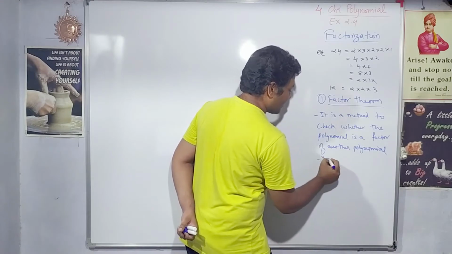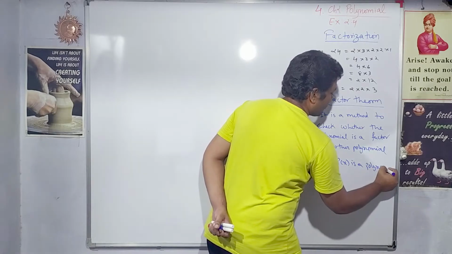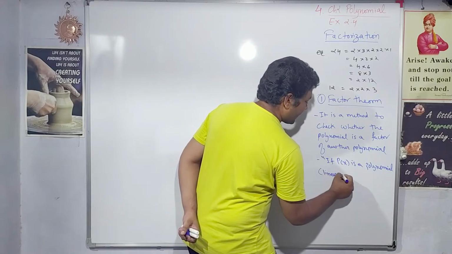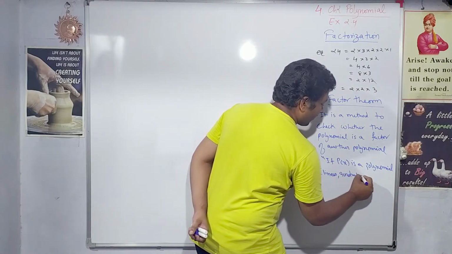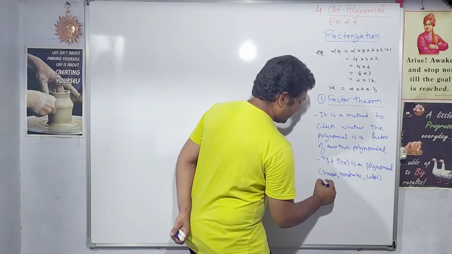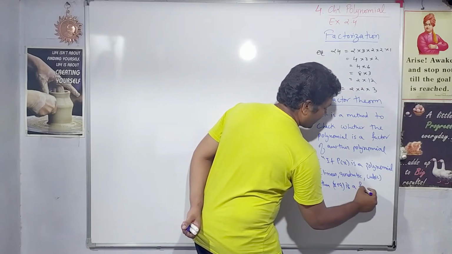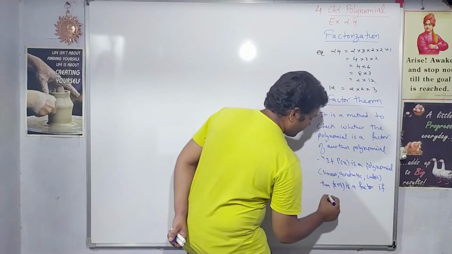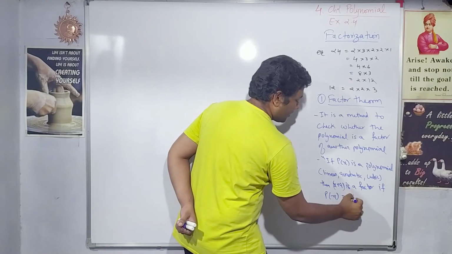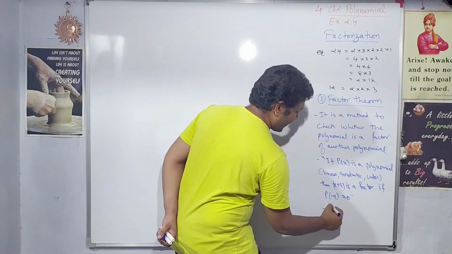So the factor theorem states that if p of x is a polynomial, what kind of polynomial? Polynomials can be linear, quadratic, or cubic, right? So if p of x is a polynomial, then x plus a is a factor if p of minus a is equal to 0. There is one more statement of the factor theorem.